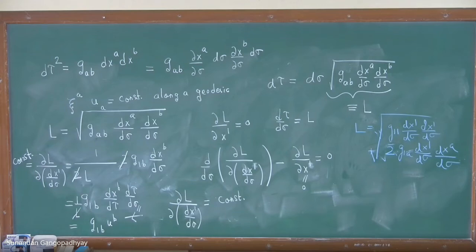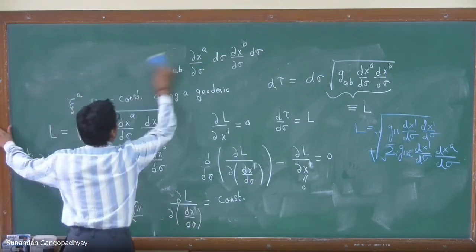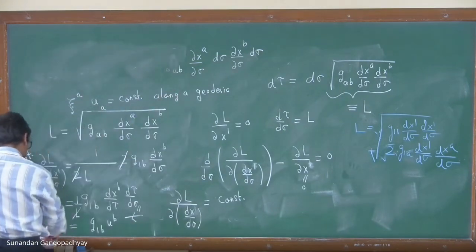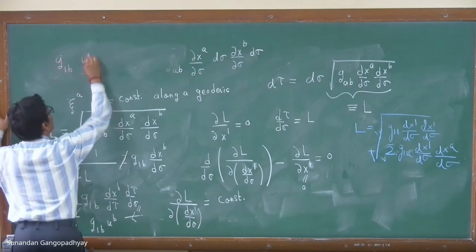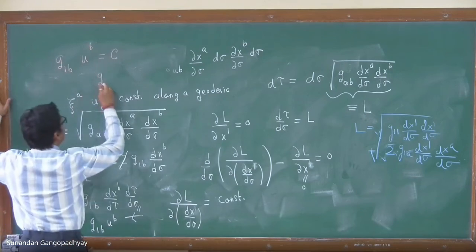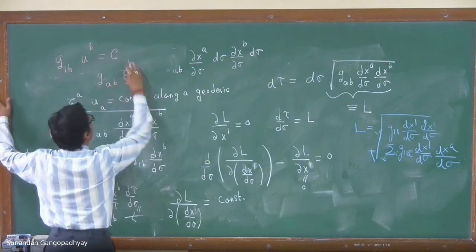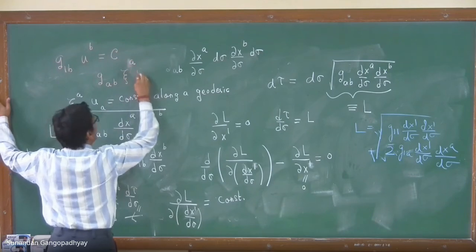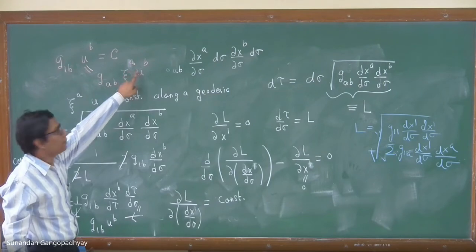Is it okay? So what have we got now? We have got the following result: g1B UB is equal to constant. But you can write the same thing as g_AB Xi^A UB. This is the same as this. g1B UB is the same as g_AB Xi^A UB.